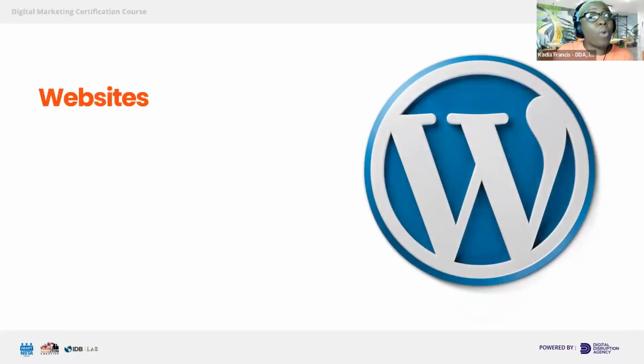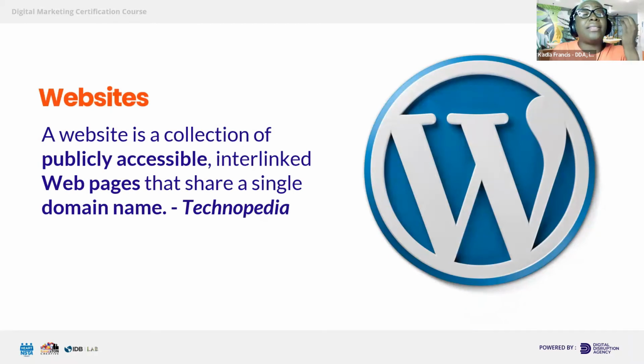Next, we have websites. Websites are a collection of publicly accessible, interlinked, which means connected, web pages that share a single domain name. So www.digiceljamaica.com. Now, when you click on digiceljamaica.com, there are multiple navigation pages that you can click on, but it's all under digiceljamaica.com. So this is what I mean by individual web pages connected together under a domain name, right?